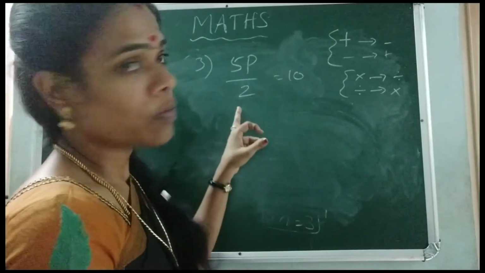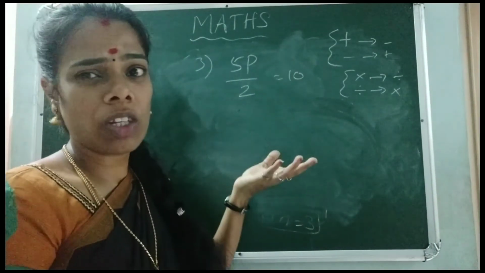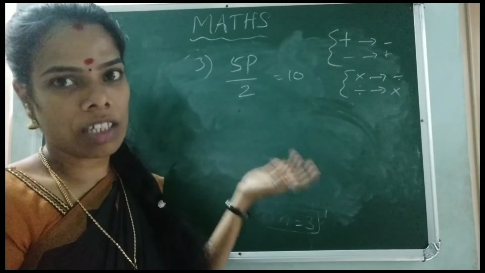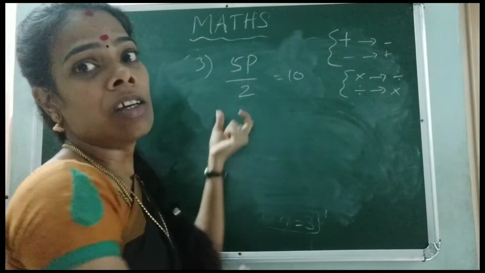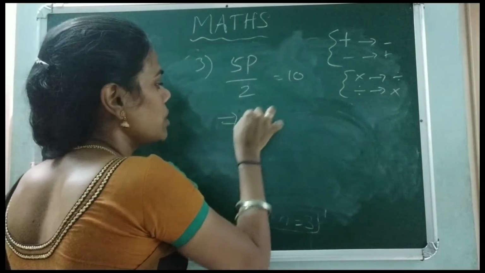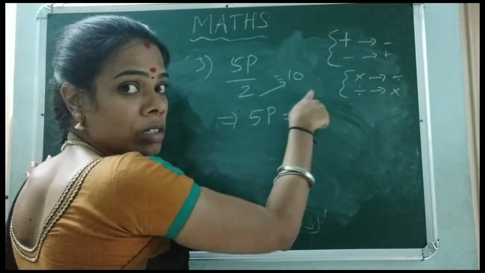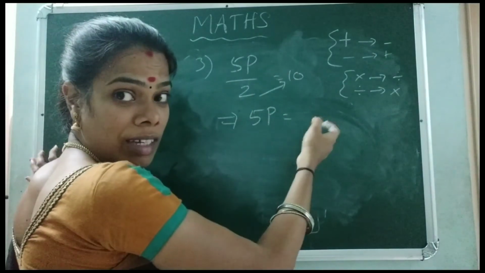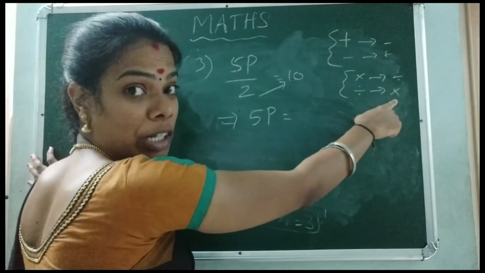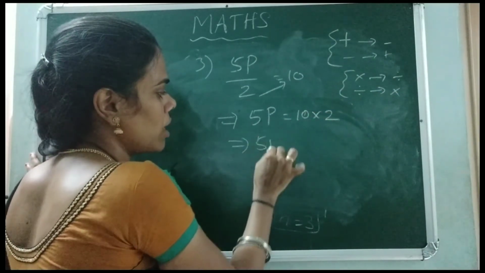According to BODMAS rule, first you have to cancel the denominator. So this denominator you take to the right side. Numerator alone stays on this side. This division, when it goes to the right side, converts into multiplication. So you have to multiply.